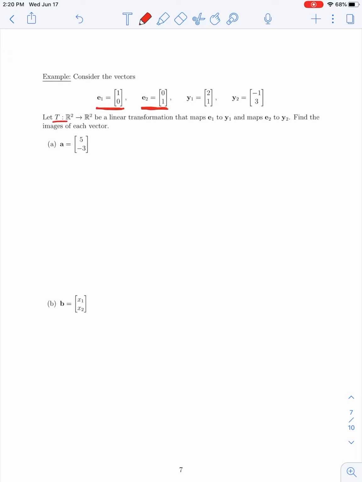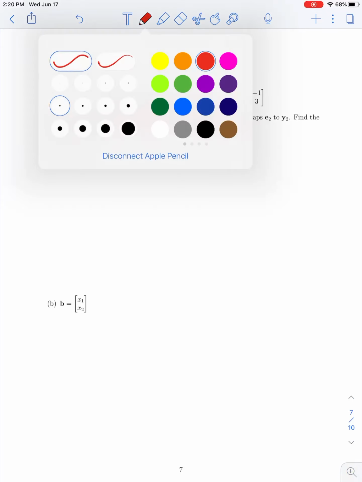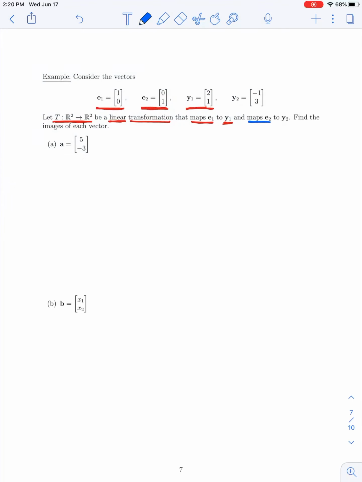And we have a transformation T from the plane to itself, which we are told is a linear transformation that will map the vector E1 to Y1, which was 2, 1, and it maps the vector E2, which was 0, 1, to Y2, which was negative 1, 3. So from here, we are asked to then find the images of each of the following vectors. So for part A, we have the vector 5, negative 3.